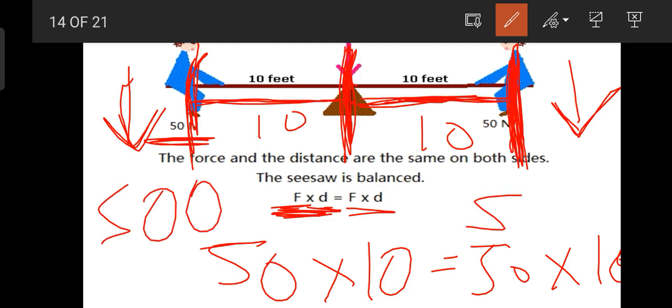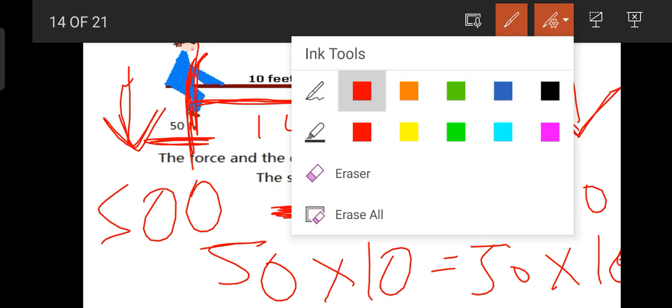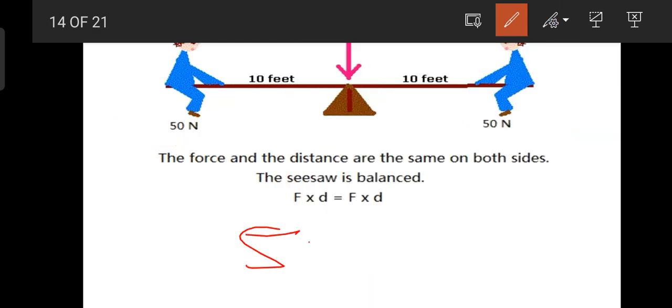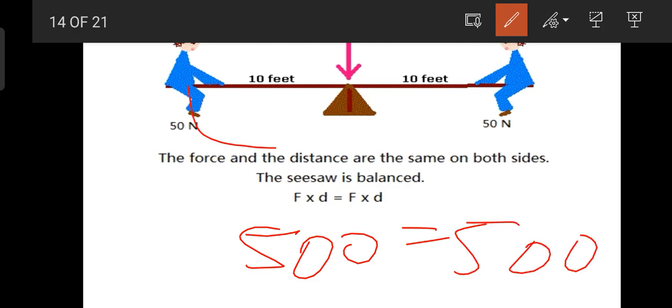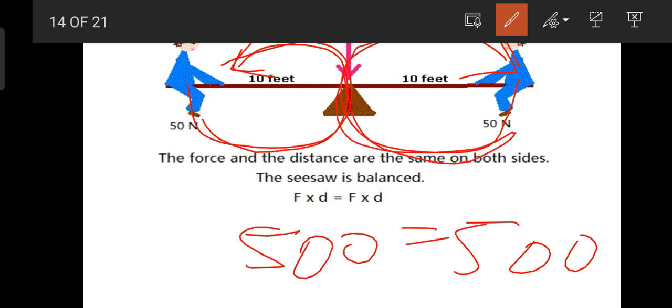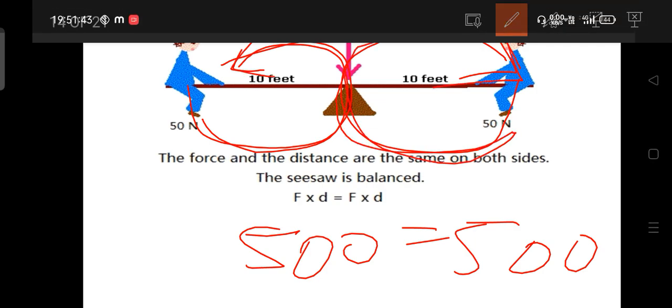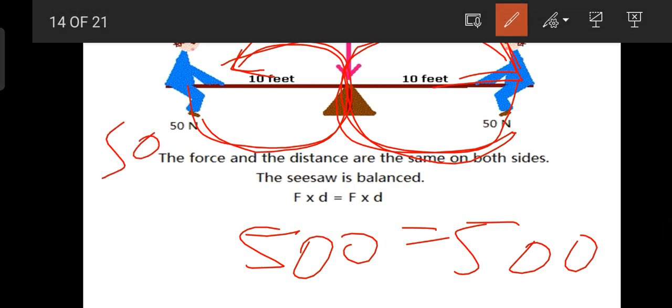500 here and 500 here also. So is this equilibrium? Yes, this is also equilibrium because this is anti-clockwise and this is clockwise, so they are the same.